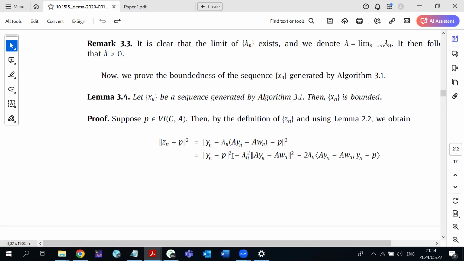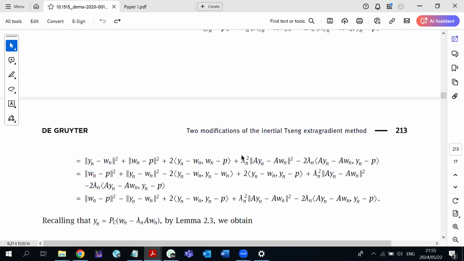We need to expand this using the inequality. We bring this negative p here, so we have y minus p. The norm of a will be a, and this one will be b. That's how we open this and solve all these terms.